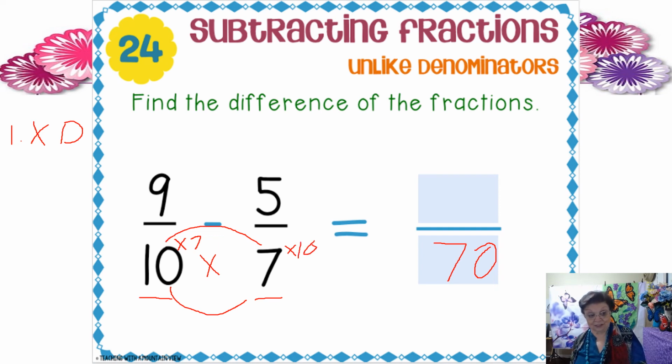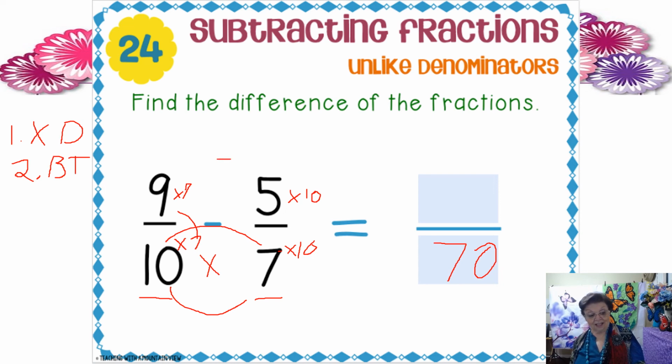Okay, now step 2. Whatever you do to the bottom, you have to do to the top. So in this fraction, I multiplied the denominator by 7, so I have to multiply the numerator by 7. In this fraction, I multiplied the denominator by 10, so I have to multiply the numerator by 10.